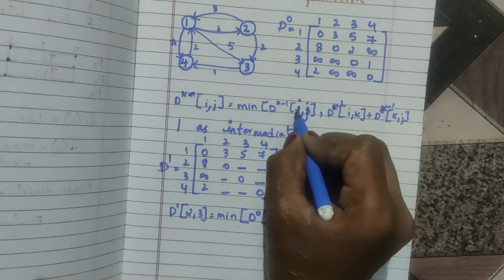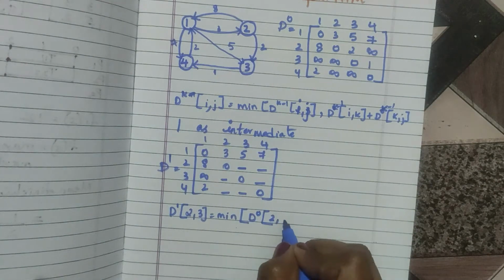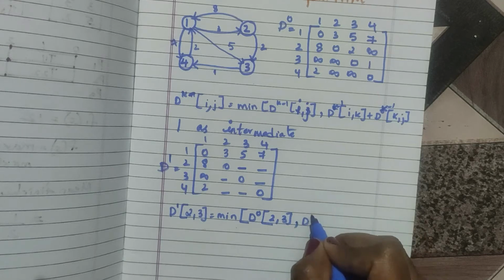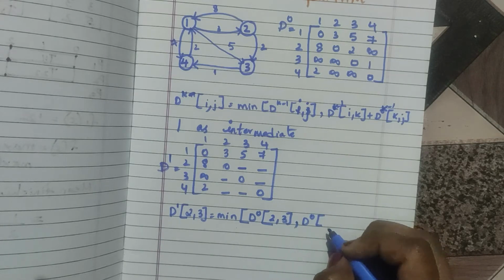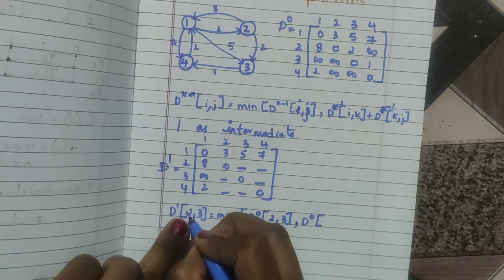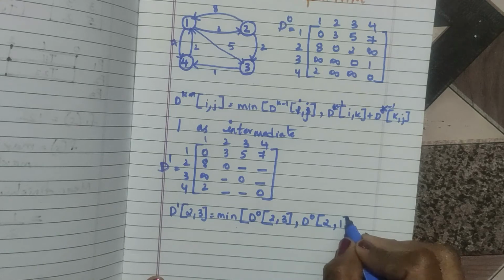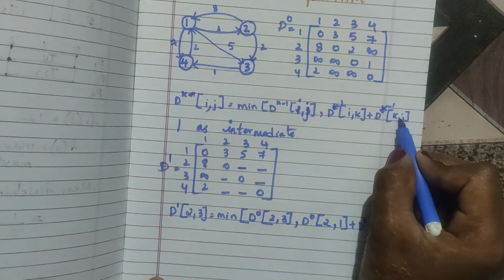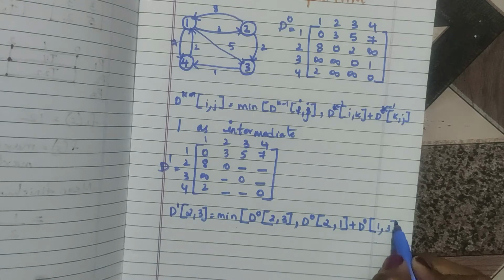Now I comma j is the same value, so just take the same value here. And i comma k, so i is 2 and k is 1. Now again plus d of k minus 1, that is d0, and k comma j, where k is 1 and j is 3.